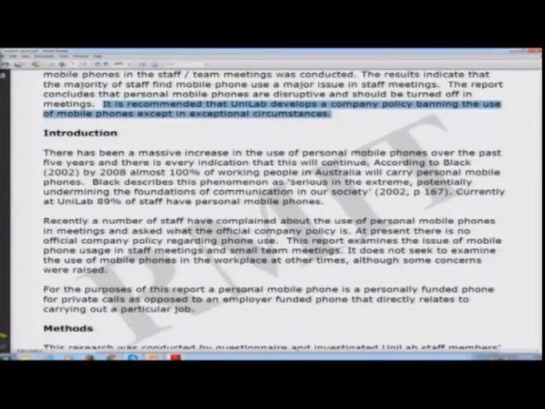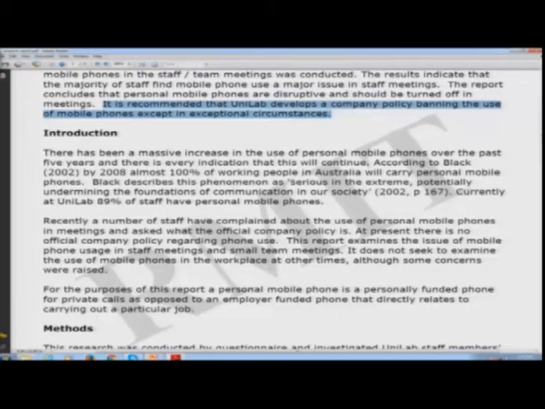Okay. Now, we move to introduction. There has been a massive increase in the use of personal mobile phones over the past 5 years, and there is every indication that this will continue. According to Black 2002, by 2008 almost 100% of working people in Australia will carry personal mobile phones.